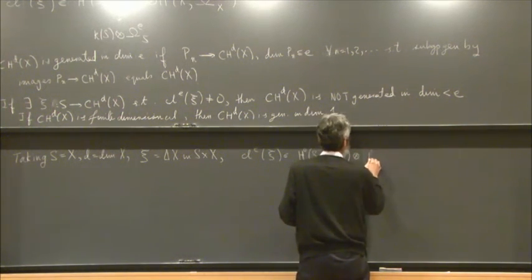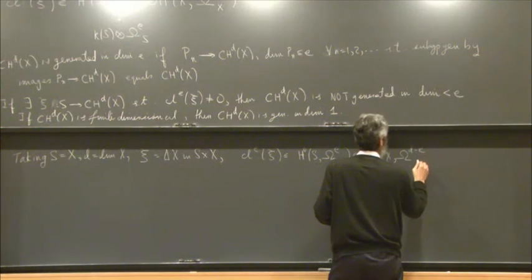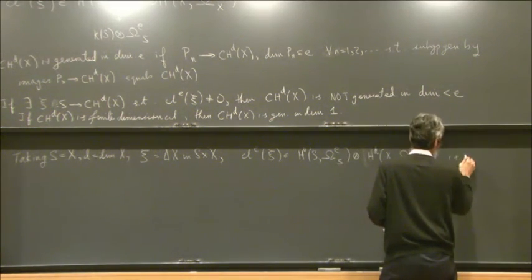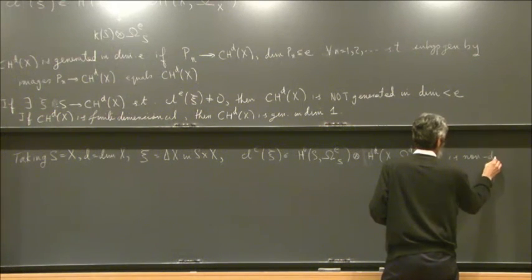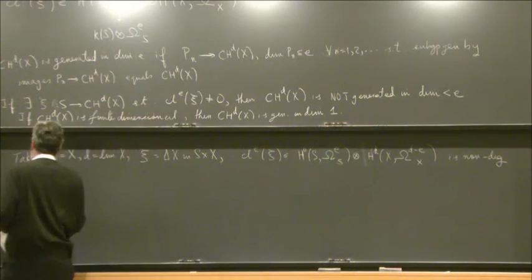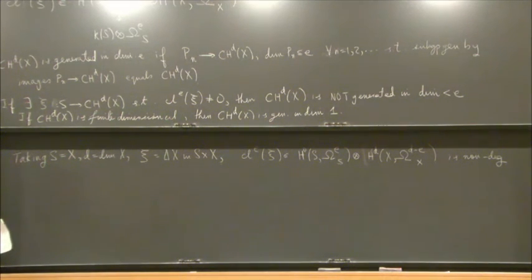So it is non-degenerate. So that was the style of proof. And so thus that gives Roitman's statement there.